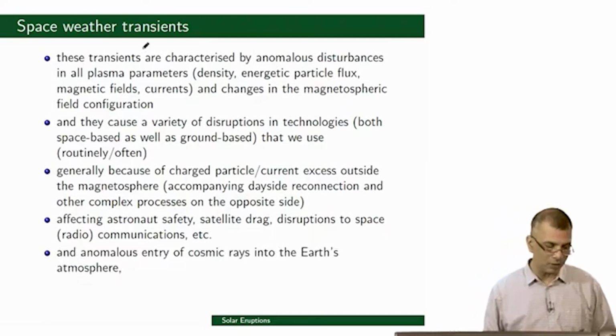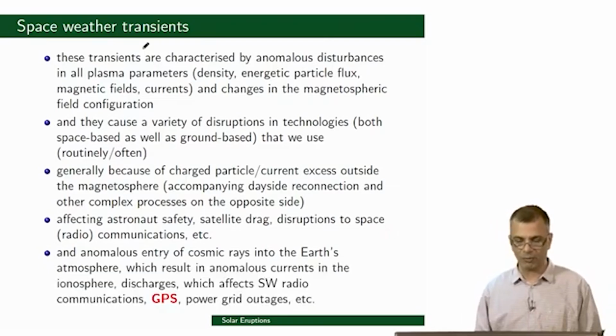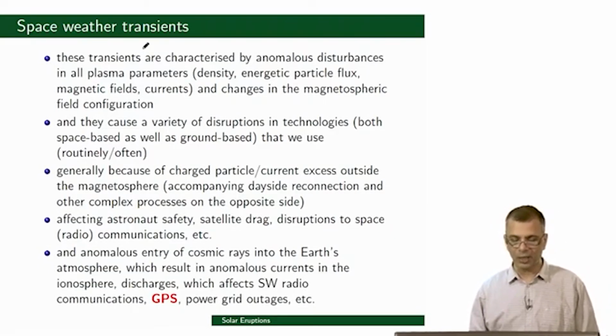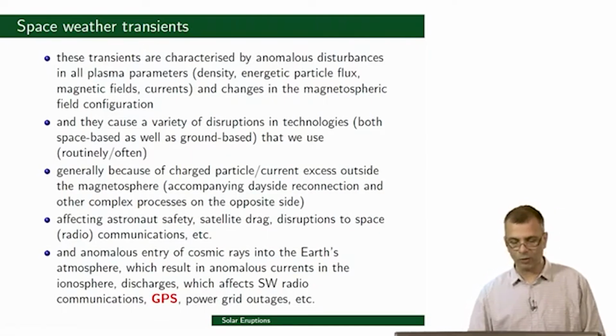And of course, anomalous entry of charged particles and cosmic rays into the Earth's atmosphere results in anomalous currents and discharges in the atmosphere, and so on and so forth, lots and lots.